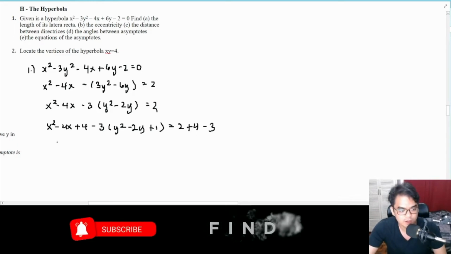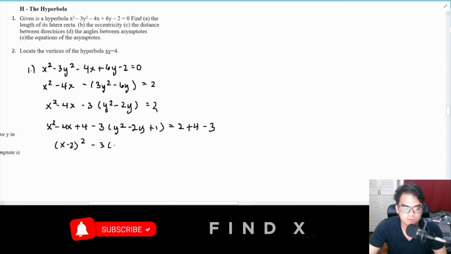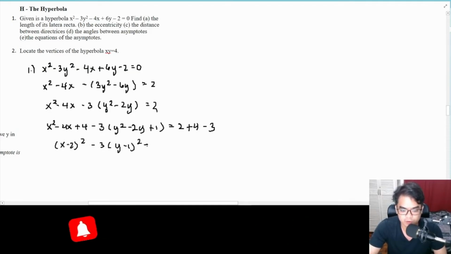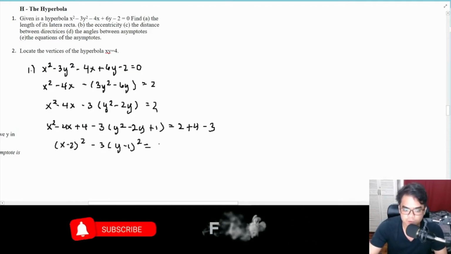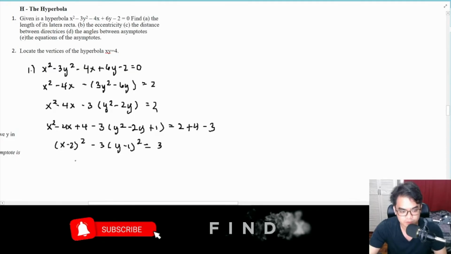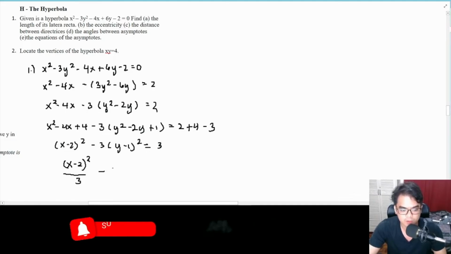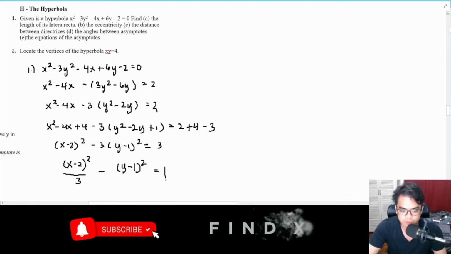So you'll have x minus 2 squared, minus 3 times y minus 1 squared, equal to 3. So divide all by 3, so you'll have x minus 2 squared all over 3, minus y minus 1 squared, all equal to 1.